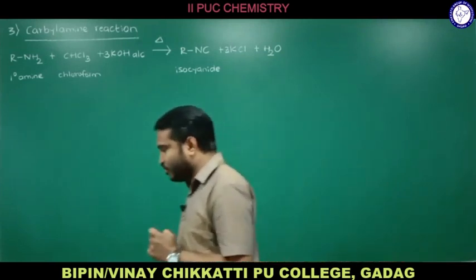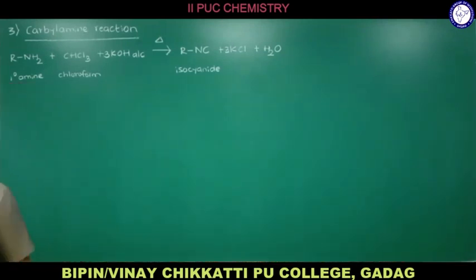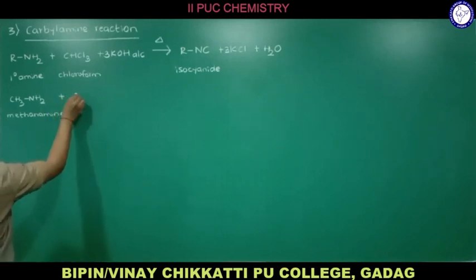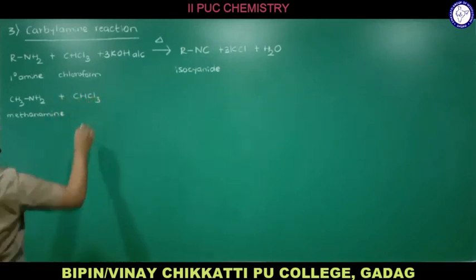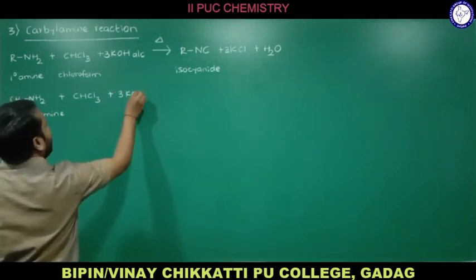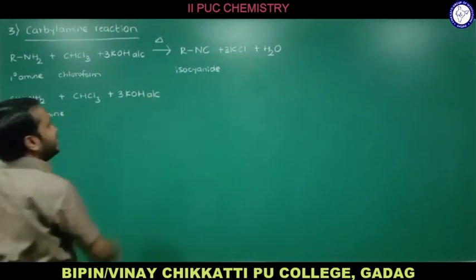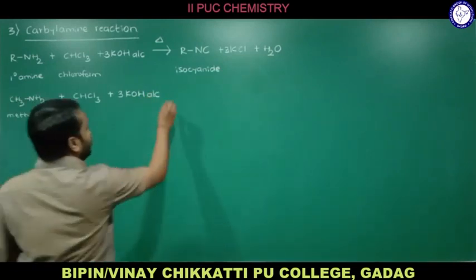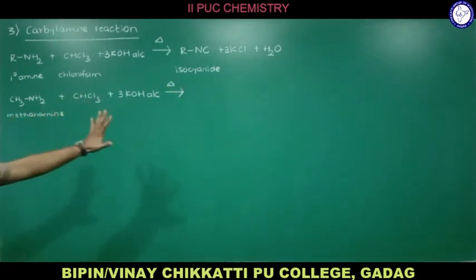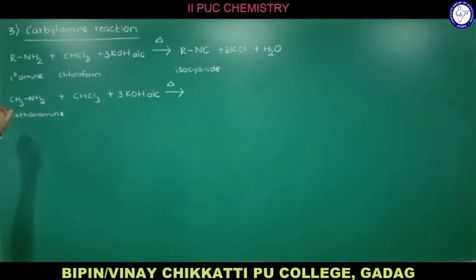Now we'll see some particular examples for that one. I am going to consider an aliphatic amine, that is CH3NH2. This is methanamine. When this reacts with chloroform, CHCl3, trichloromethane, and with alcoholic potassium hydroxide, ALC stands for alcoholic, and as we know, you need to heat these constituents, we get the isocyanide of the respective alkyl group.